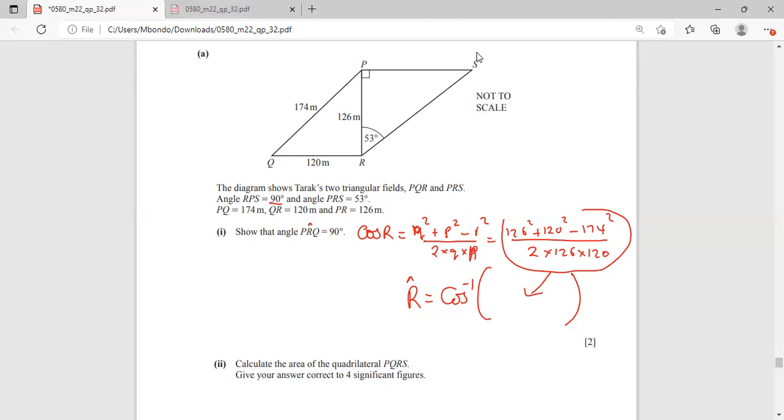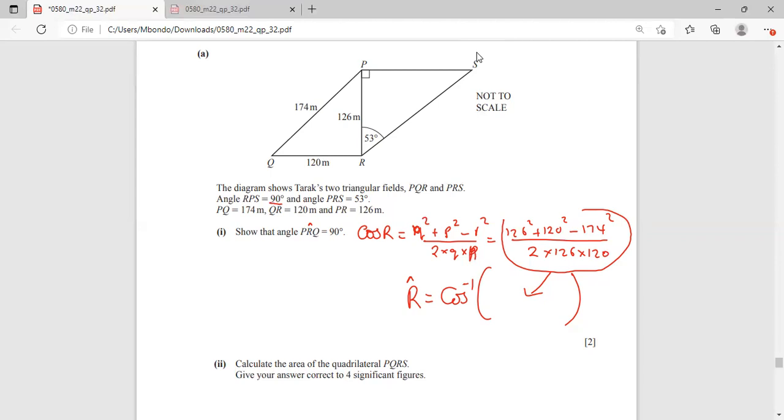Then we should be able to compare our answers together and see if we are going to have the same answer. 2 multiplied by 126 multiplied by, oh sorry, that is 120 there. 120.